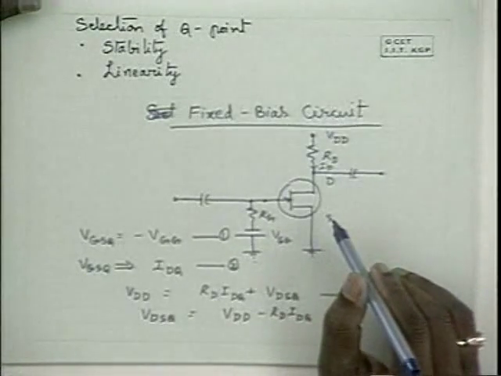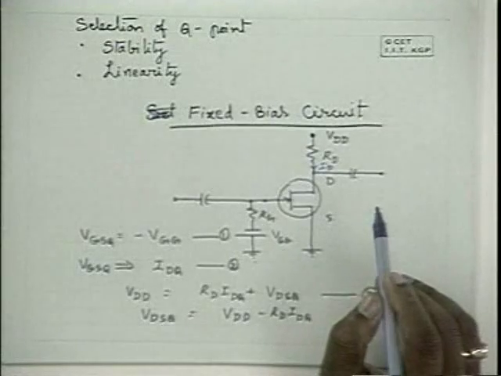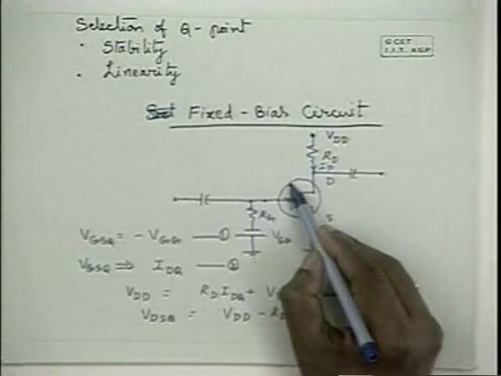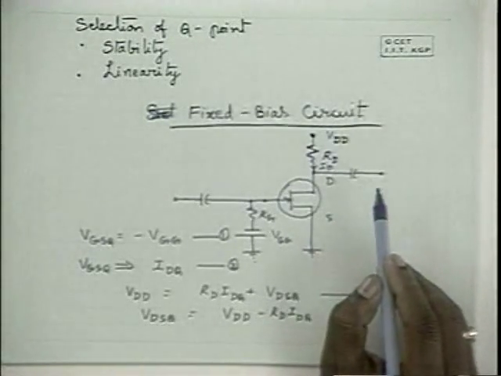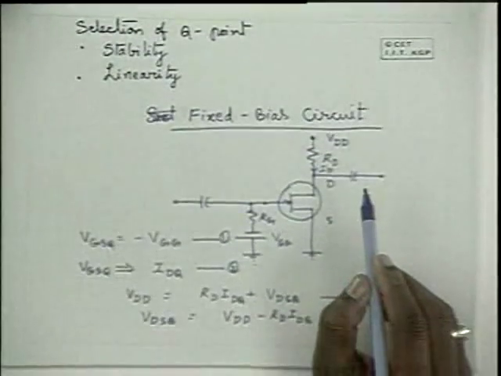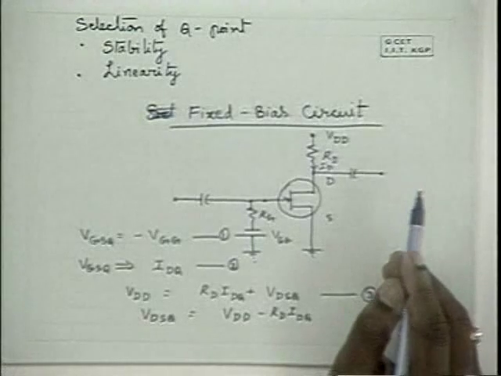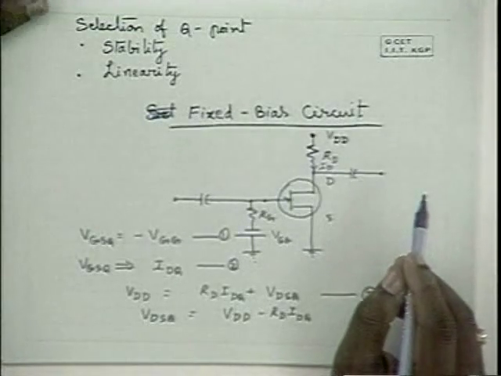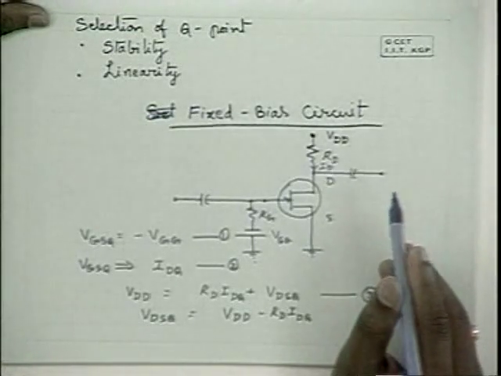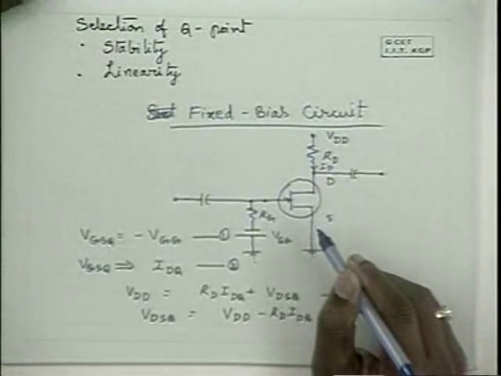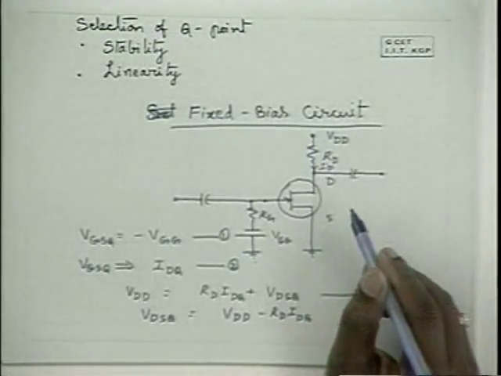You have several manufacturers manufacturing different FETs, which are meant for different kinds of functions. Some can be used as good amplifiers, some have very high output impedance, some have low output impedance, and so on. You have to select a particular FET for your application. That is also a design step.